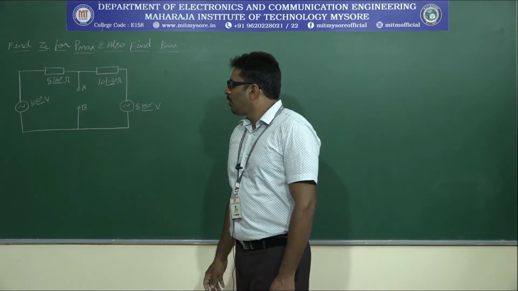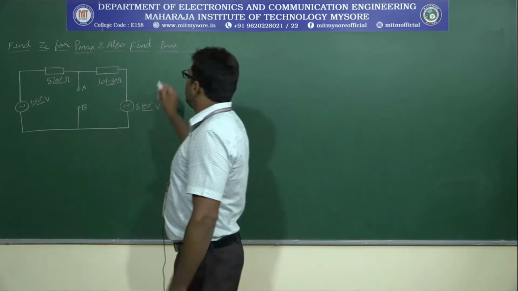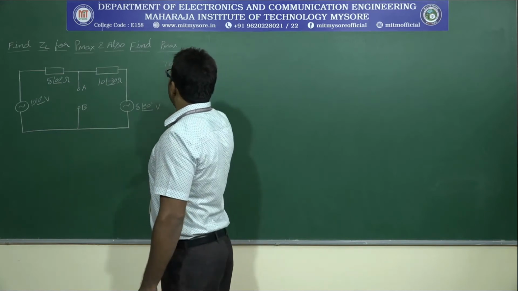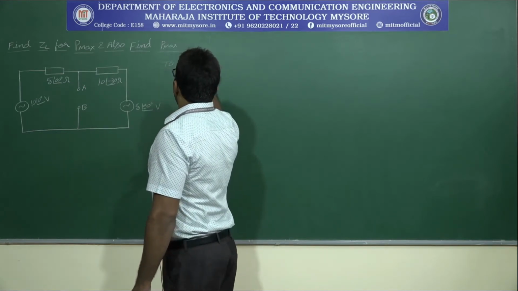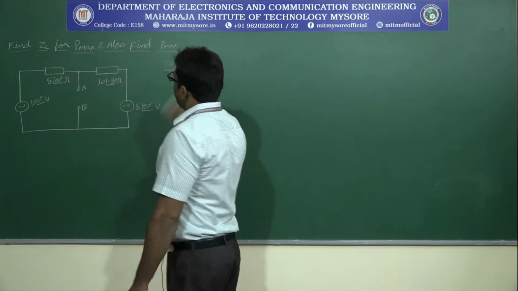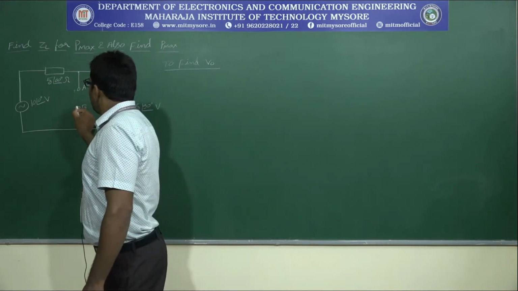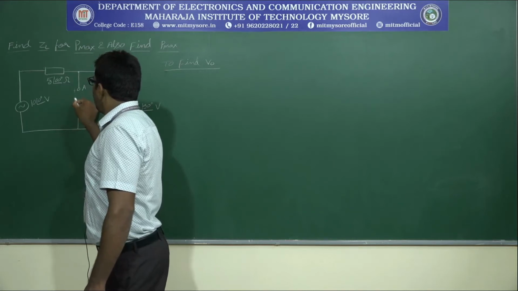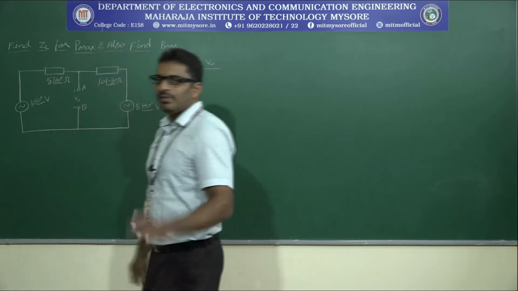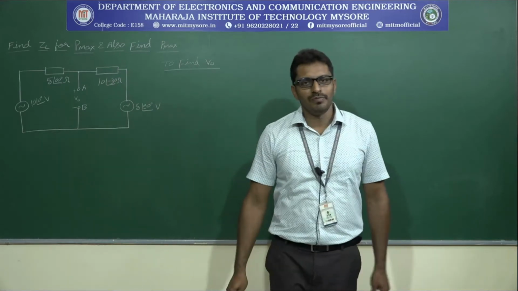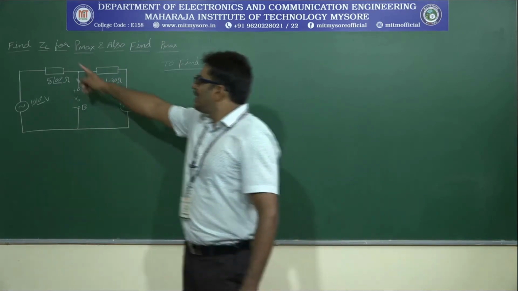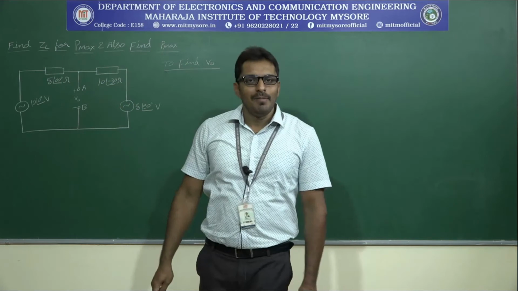In order to obtain Thevenin's equivalent circuit, first find V naught. The voltage across these terminals A and B is nothing but V naught because the load is already removed. What is that load? ZL, variable impedance.